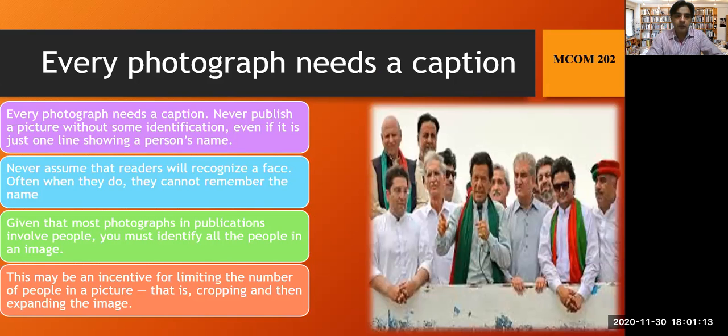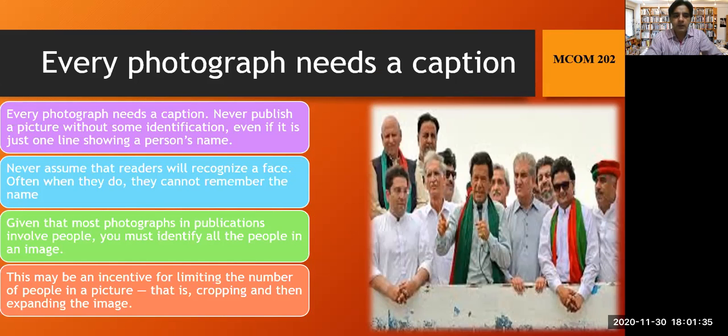You should not assume that your readers will recognize a face because the person is very famous. He's probably top-notch politician of the country, but still, even if he or she is the president or the prime minister of your country, you should properly caption that picture.